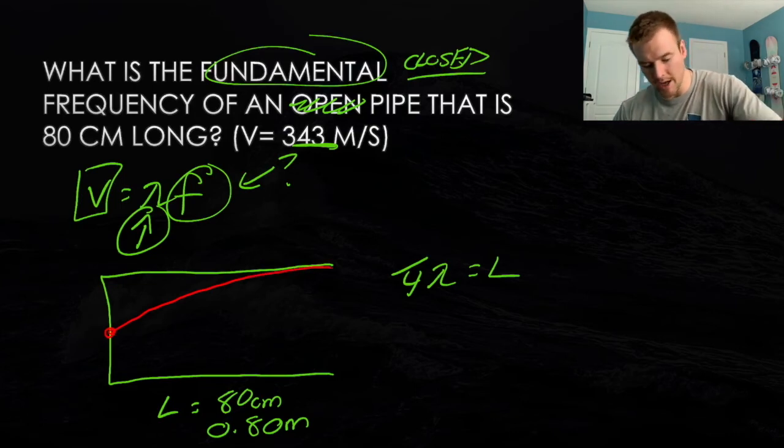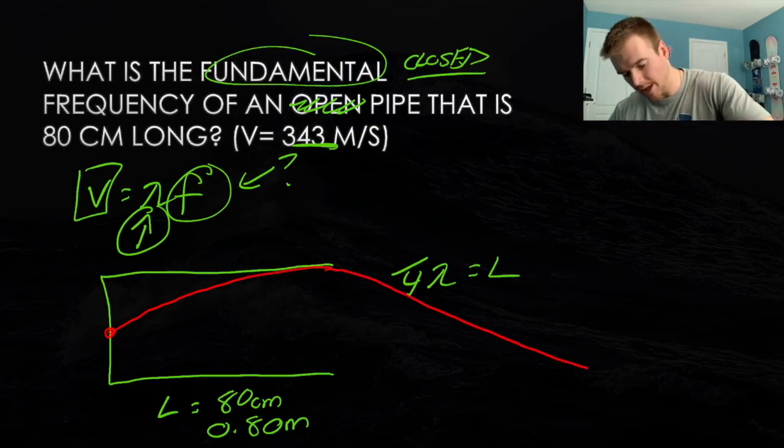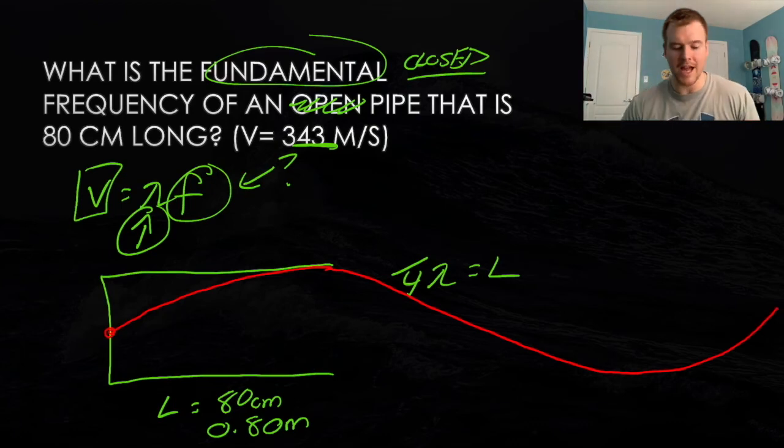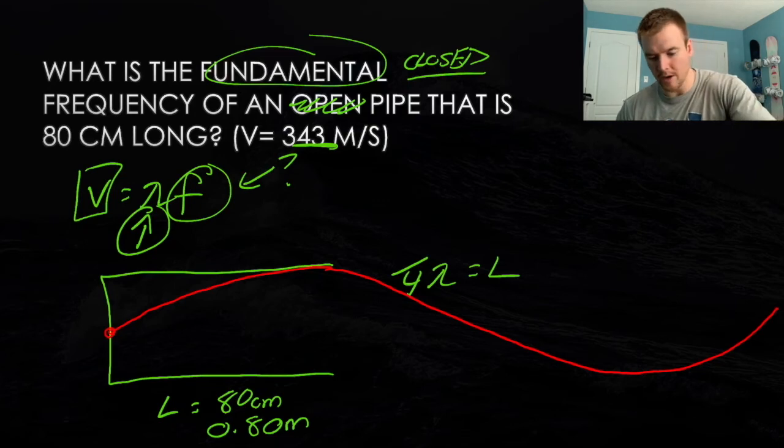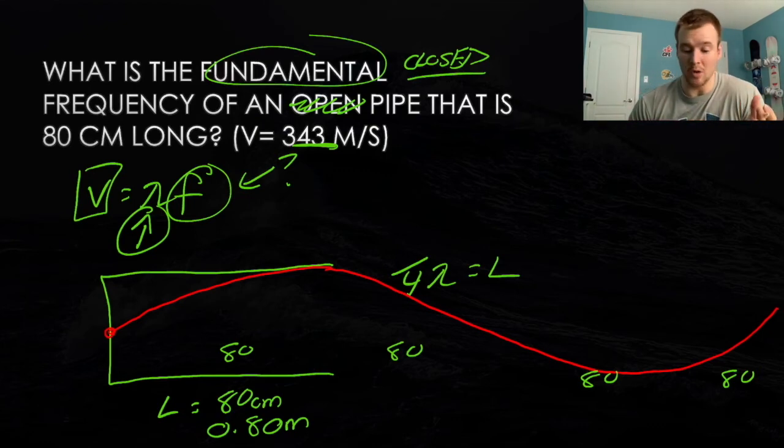If I was going to keep drawing this, this is how far the wavelength would be. It would be all the way like that, and only 1/4 of it fits in there. So just looking at the concept here, that means if the length of the pipe, 80 centimeters, is only 1/4, we just times by 4. We could go 80 here, 80 here, 80 here, and 80 here, and that gives us our wavelength. And that totally works. You can just times 80 centimeters by 4.